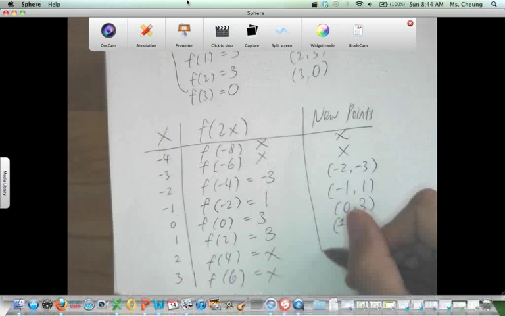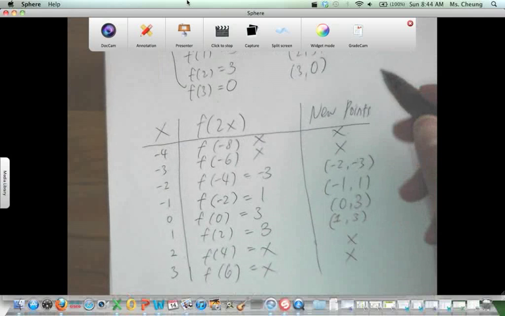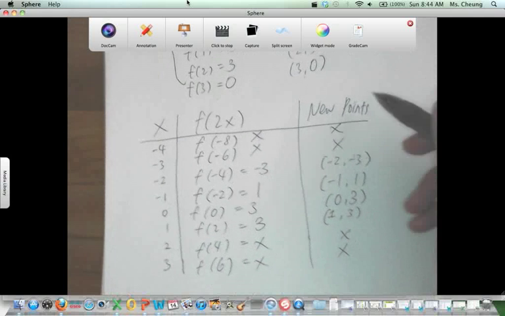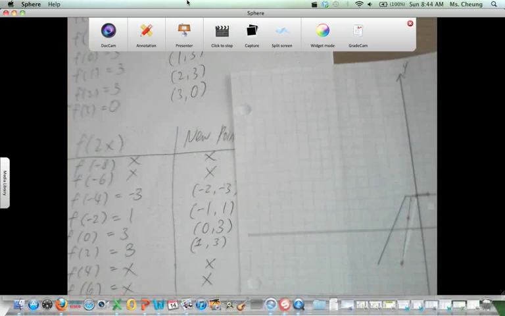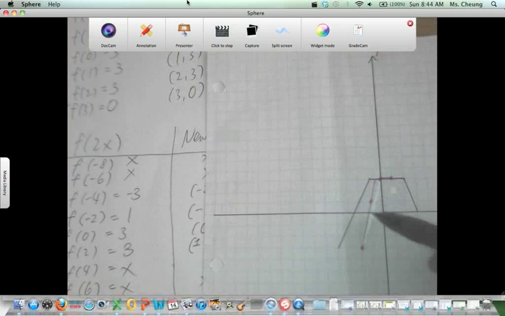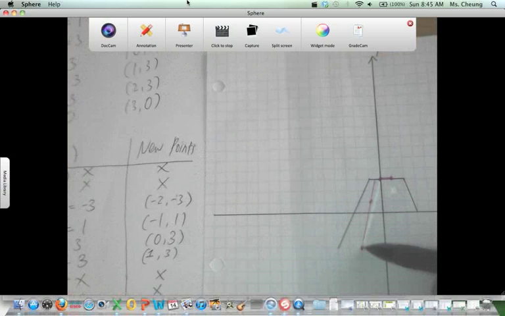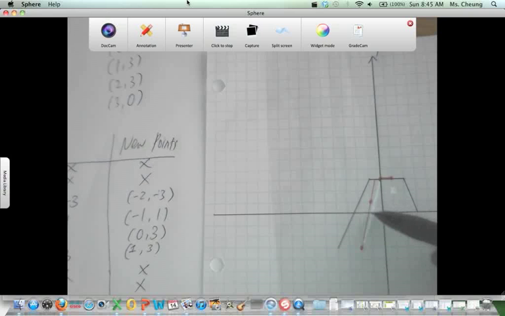So I'm going to plot these points onto my graph. The first one is -2, -3. This point is the first point, and then the second one will be -1, 1. Then 0, 3, and 1, 3.